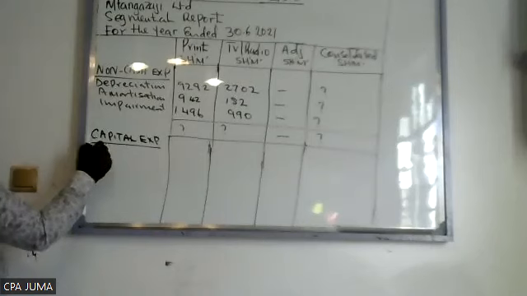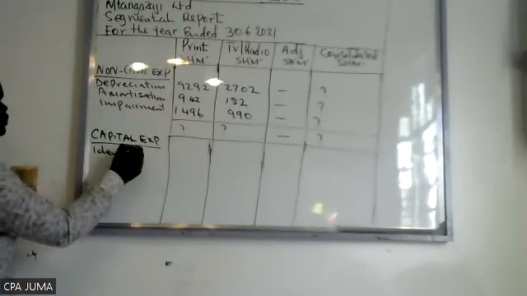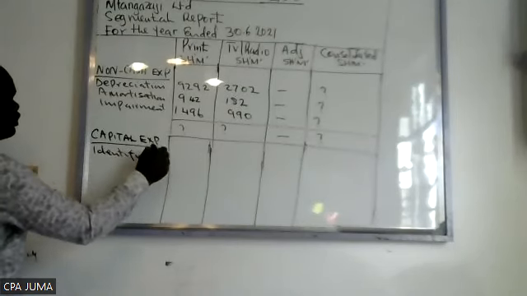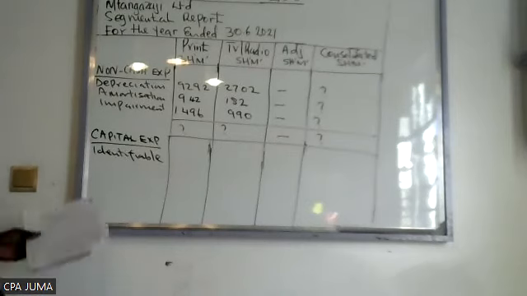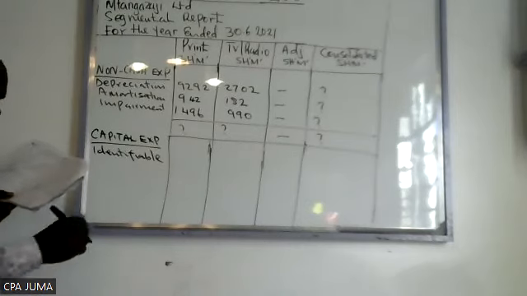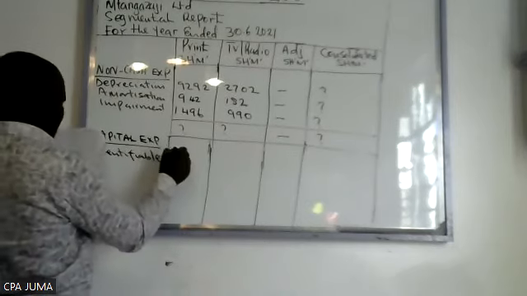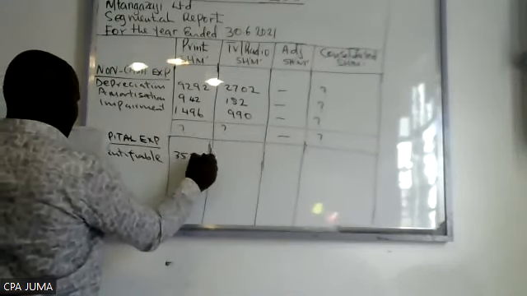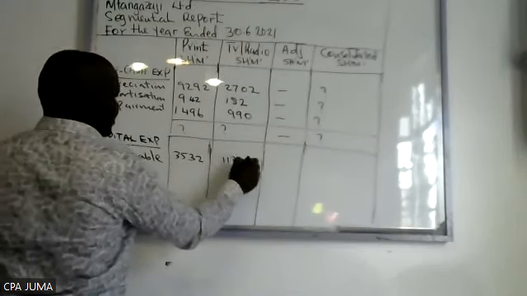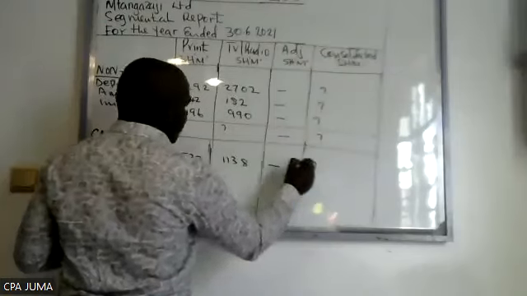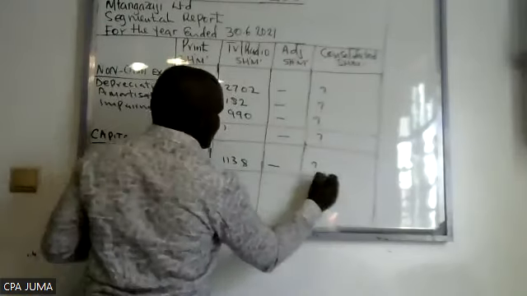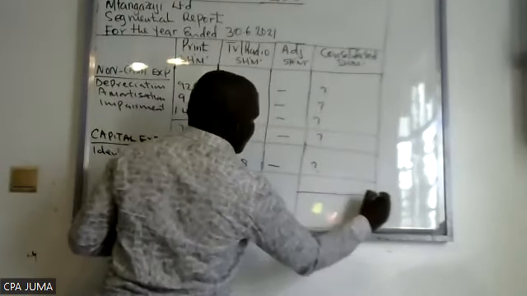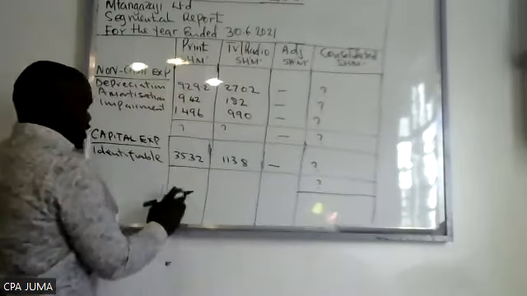So identifiable is the last one, 35, 32, 11, 38. It ends there.